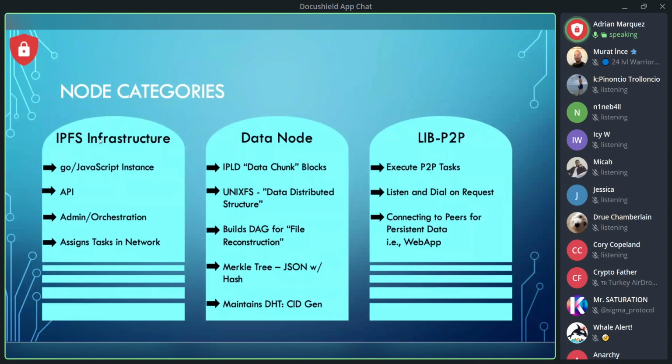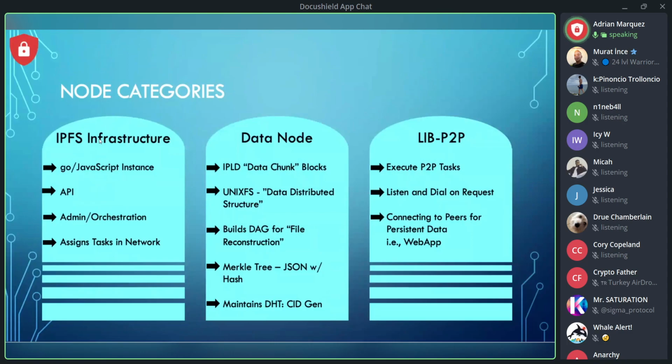And the first is the IPFS infrastructure. So these are all of the calls and functions available by the main infrastructure, right? The main infrastructure is developed with Go or JavaScript instances of the IPFS server or node. It also consists of the API that we use to interact with any other platform. It consists of the administration level, pretty much all of the different orders and all of the orchestration of what's going on in the network.